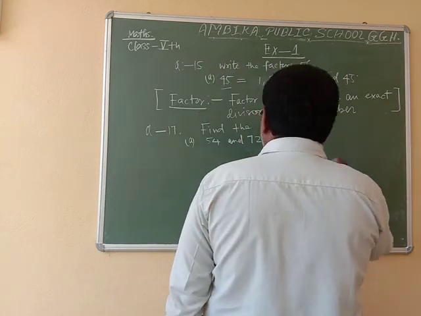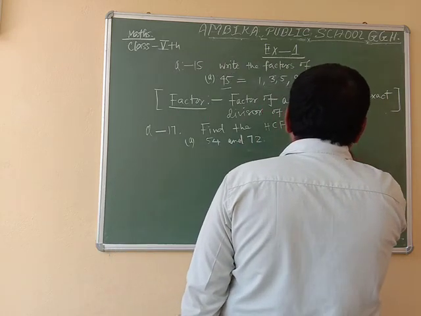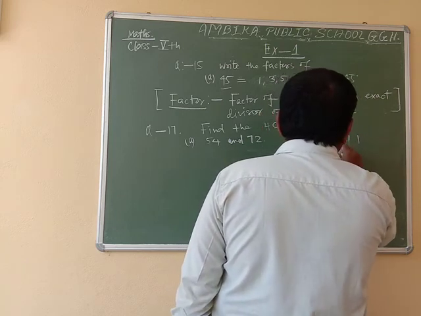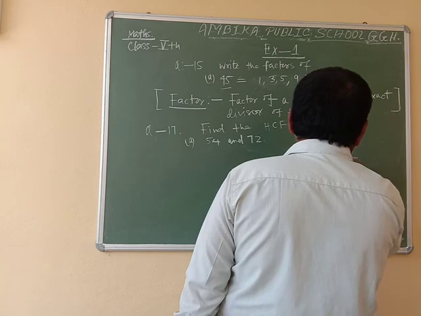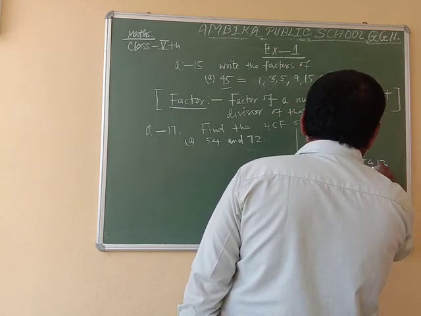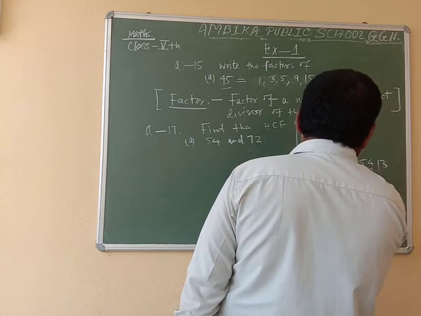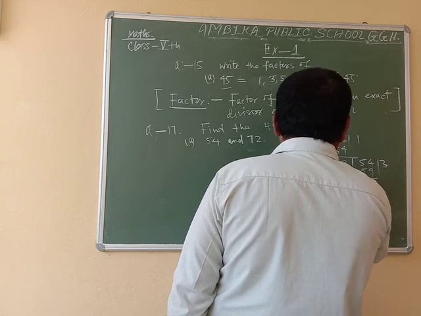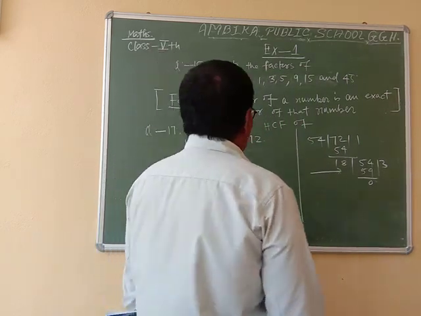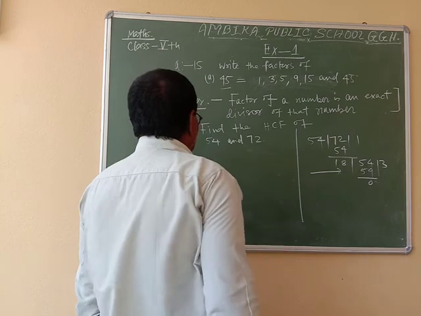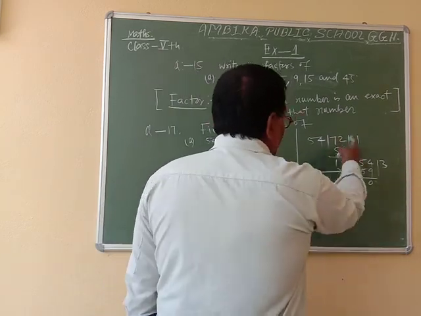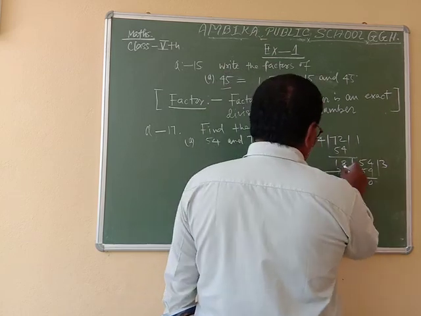If we divide 72 by 54, here 72 is greater than 54, so 54 is the divisor and 72 is the dividend. After dividing, we get remainder 18.